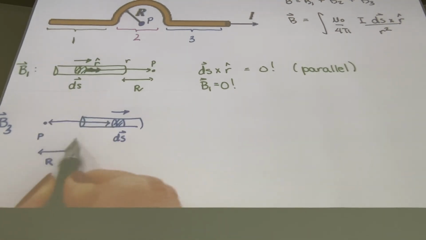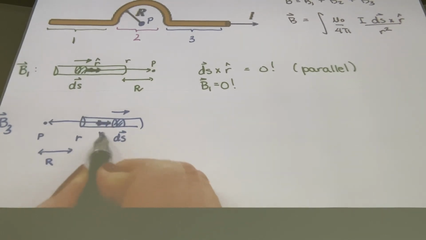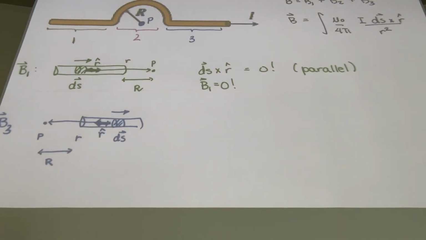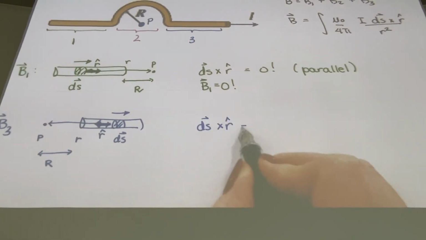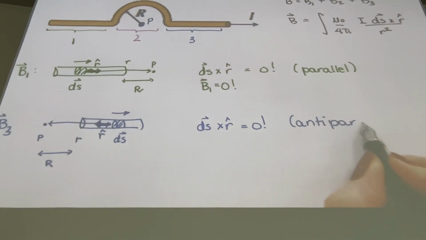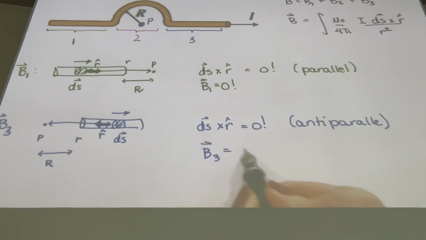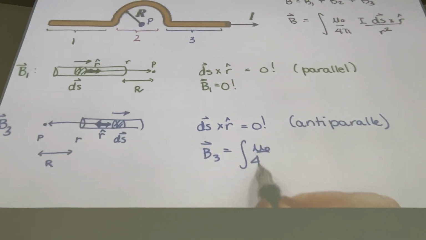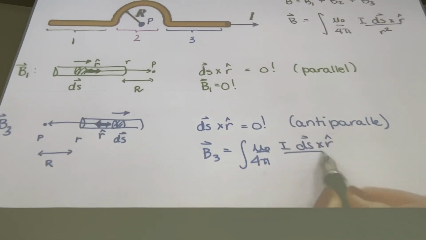So there's r. And my r hat goes from my ds to my point as well. So this time my ds is to the right, my r hat is to the left. Those are anti-parallel. ds cross r hat is still 0. So then my magnetic field B3 is also 0.